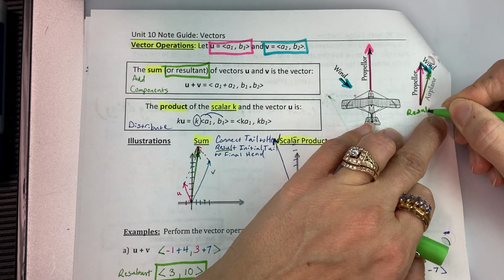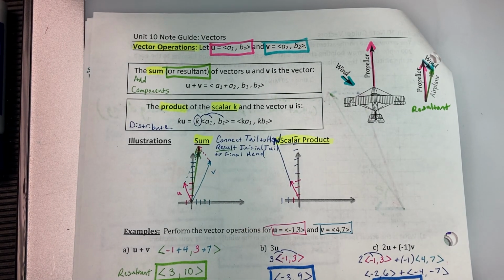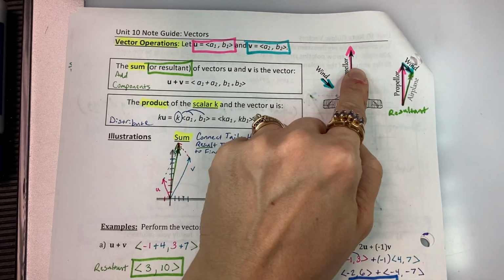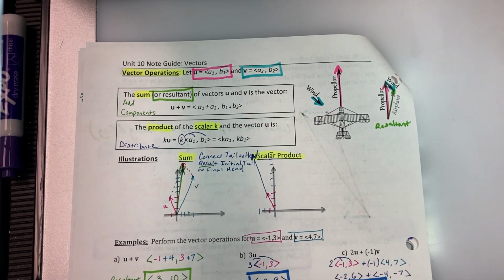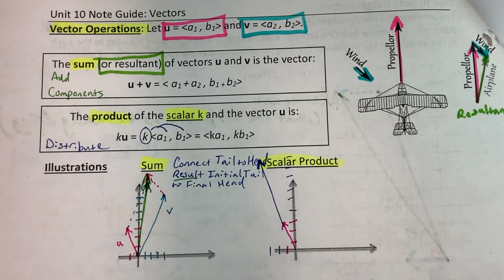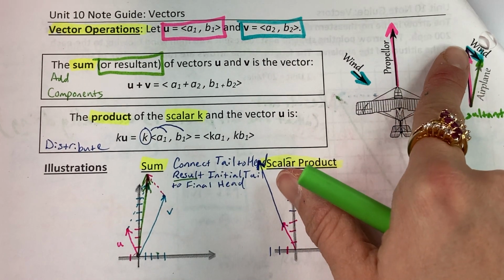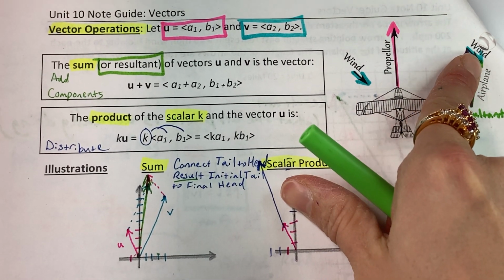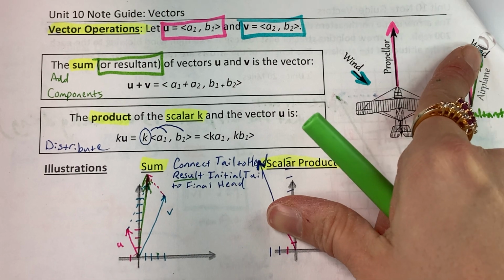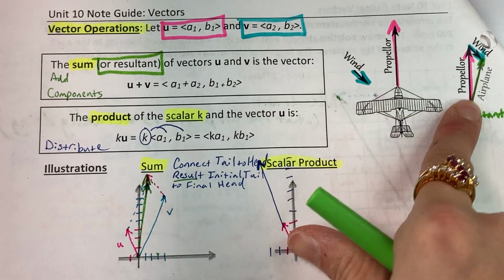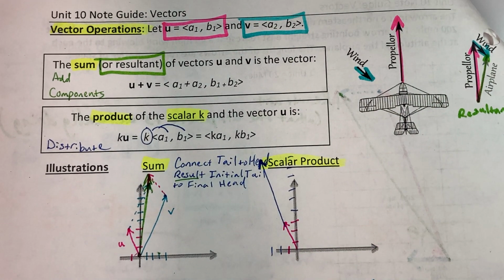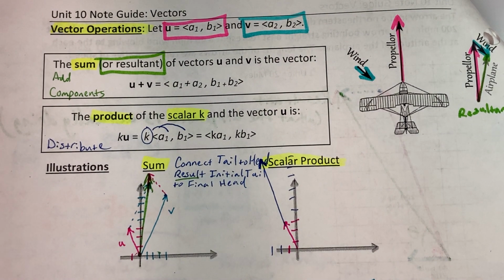So that would be the resultant. So the airplane is set to move given this direction of the propeller, but what it is actually doing is affected by the wind. So the wind not only blows it slightly off course, changing the direction angle, but notice that that green resultant vector is also a little bit shorter. So these interacting vectors with different magnitudes and different direction angles have an impact on each other when we add them together. So that concludes page 4 of the notes.